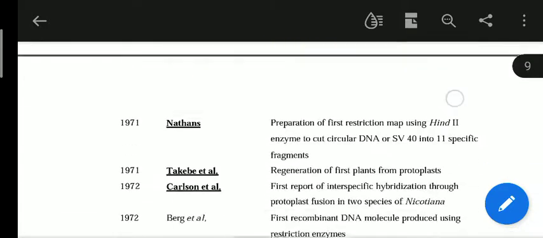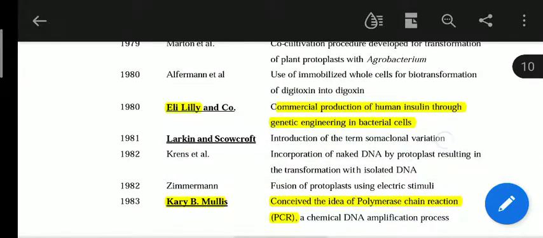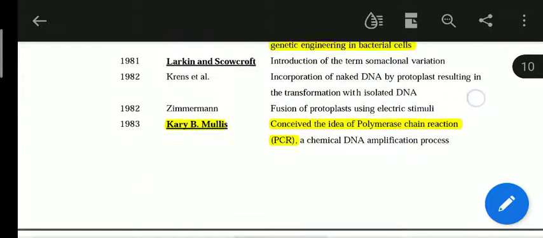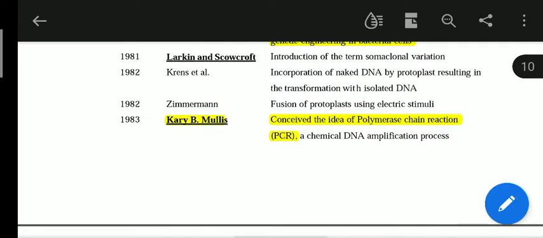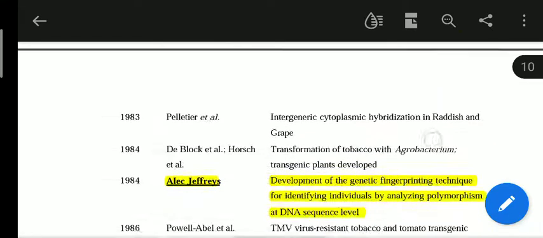And then again you can see here Eli Lilly, you have also studied about this in class 12th, in microbes and human welfare, because Eli Lilly was an American company who started commercial production of human insulin, that is called Humulin, through genetic engineering in bacterial cells. And then Kary B. Mullis, this is also very important because he discovered the PCR, polymerase chain reaction.